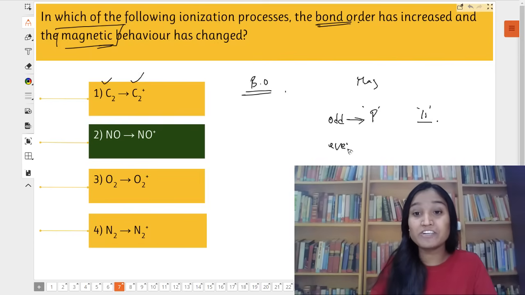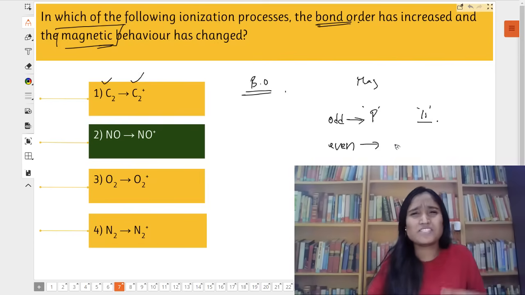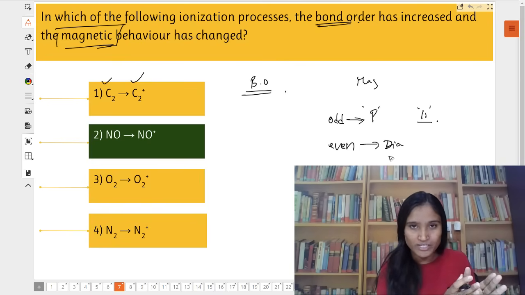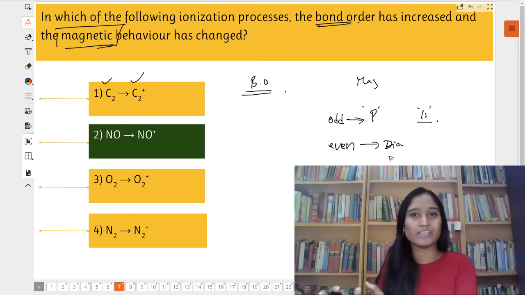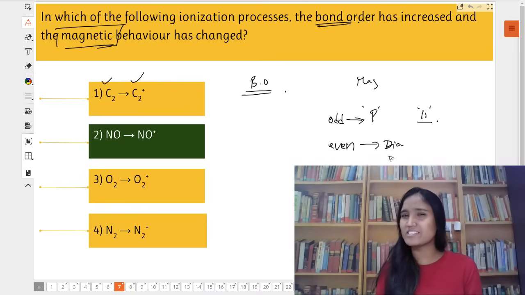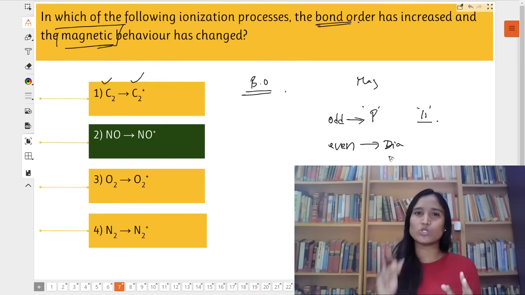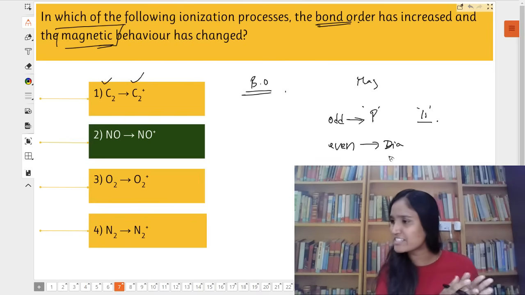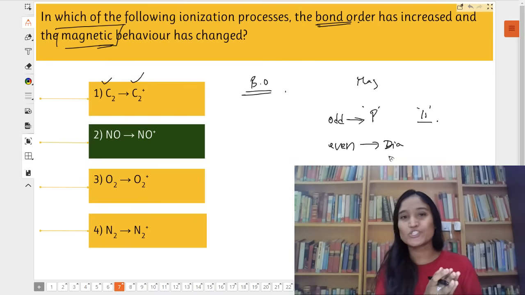And if you have an even number of electrons, it could be diamagnetic, because usually an even number of electrons will give you perfect pairing. But do you think there could be exceptions? Is it necessary that if I have 10 electrons, all 10 exist in 5 pairs? It's not necessary.